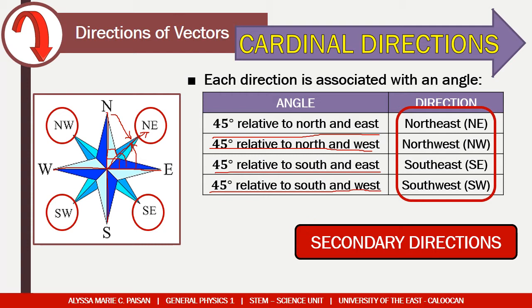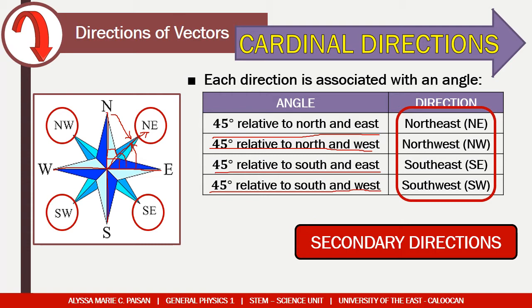You know that this one is 45 as well. Diba? So that's the meaning of 45 degrees relative to north and east, north and west, south and east, and then south and west. So these are the secondary directions.